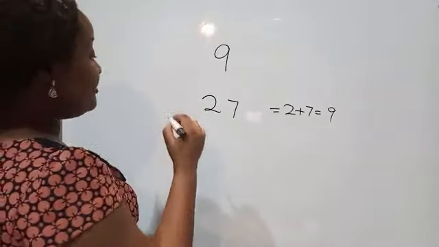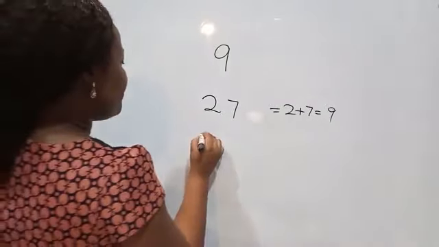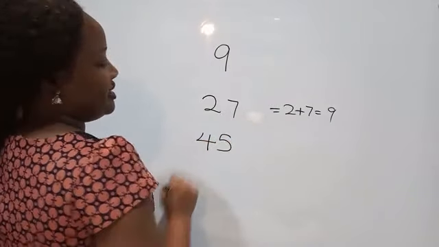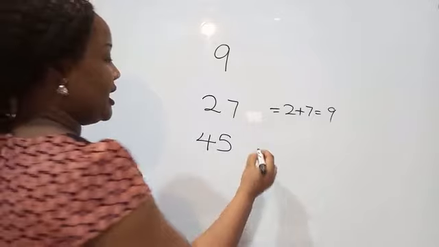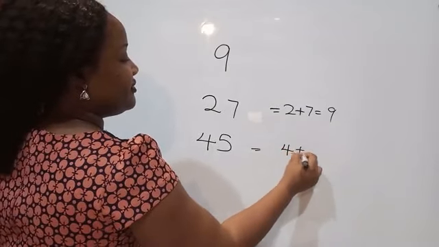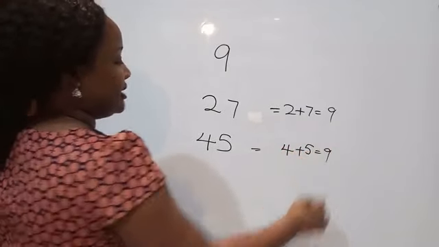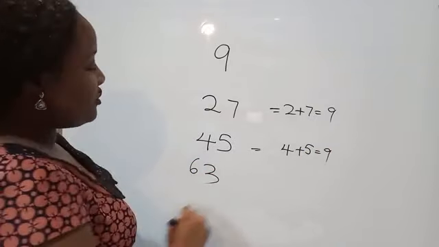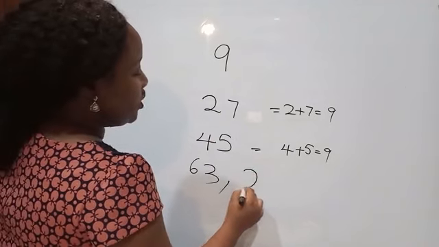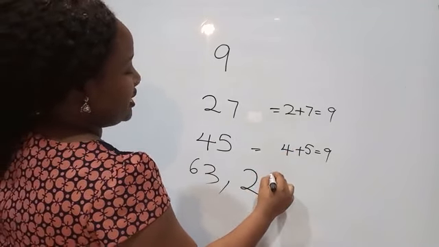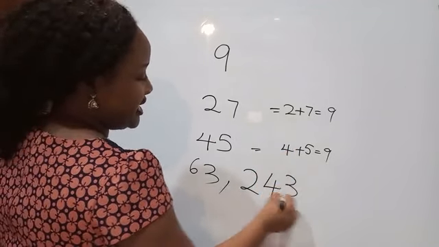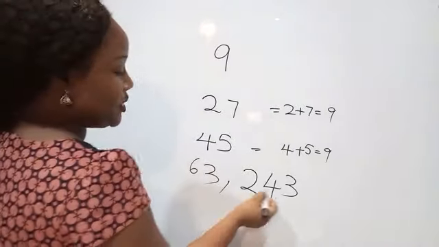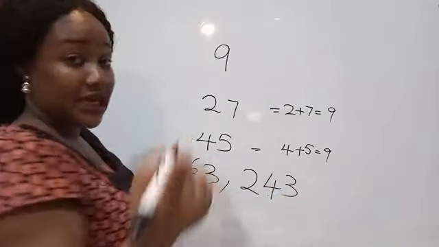Or we can have, let's say, 45. 4 plus 5 equals 9. Or we even have 63, or 243, which is divisible by 9. That's 2 plus 4, 6, plus 3, 9.